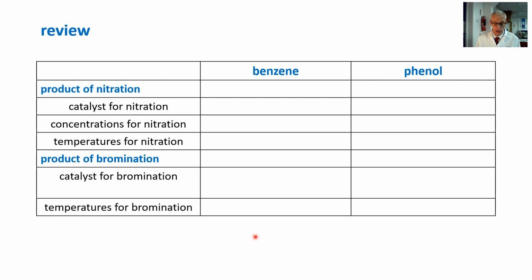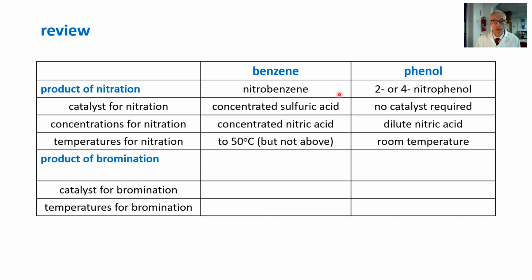Okay, so let's just start with the nitration. So the product of nitration is nitrobenzene, in the case of benzene. The catalyst is concentrated sulfuric acid. It is required to have concentrated nitric acid and a temperature of 50, but not above, is required for the nitration of benzene.